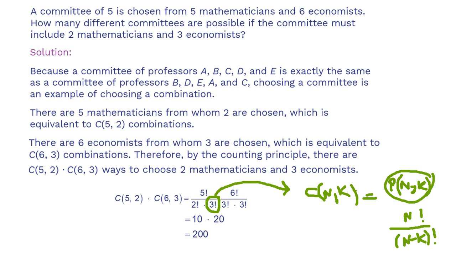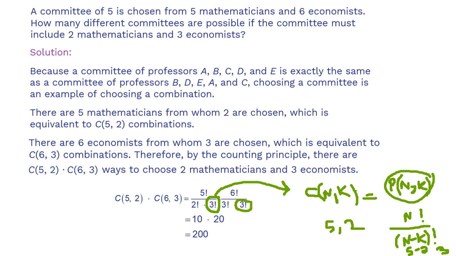Okay, so in our example, our n is 5 and our k is 2. So 5 minus 2 is how we got the 3. So that's that 3 that you see here, 3 factorial. And then for 6, 3, we have 6 factorial divided by 3 factorial. And how do we get this 3 again?